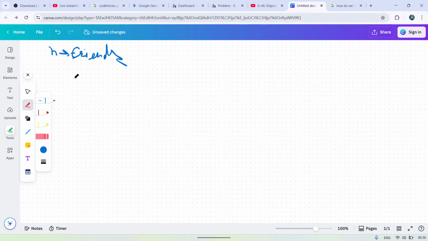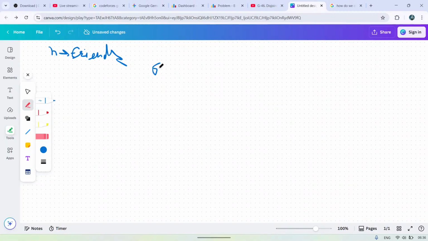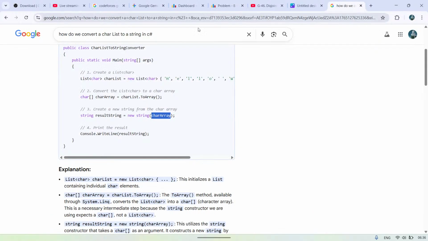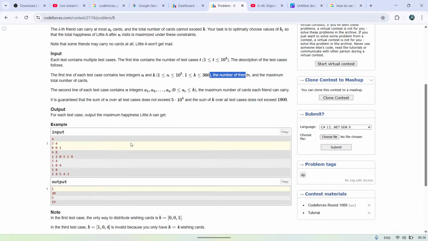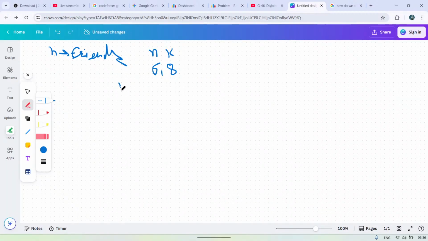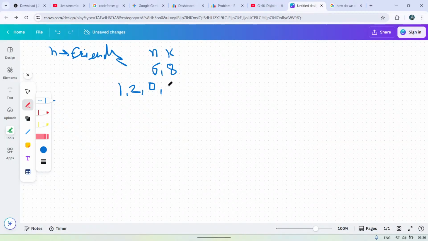Let's take the second example: 6 and 8. These are n and k. Then 1 2 0 5 1 8 is the limit of how much each friend can carry. These are the maximum cards a friend can carry, right? The total number of cards is 8.